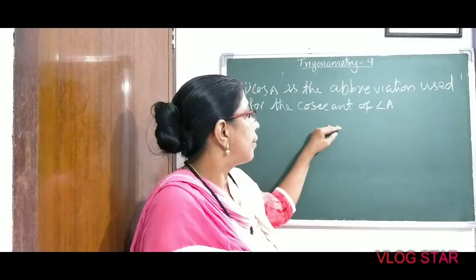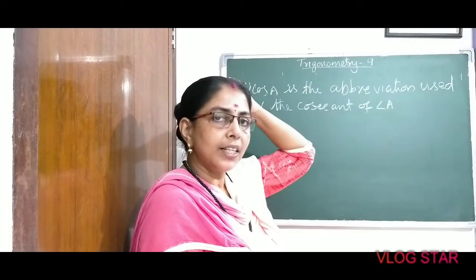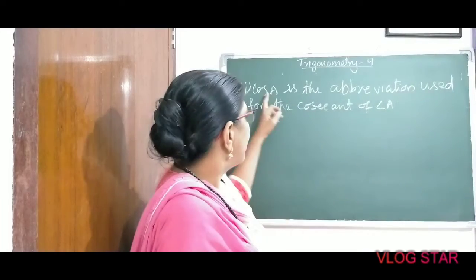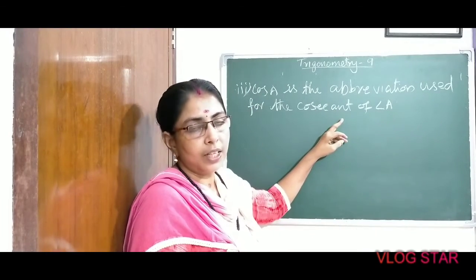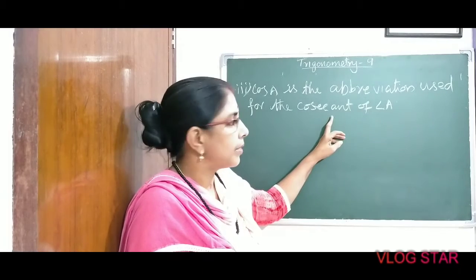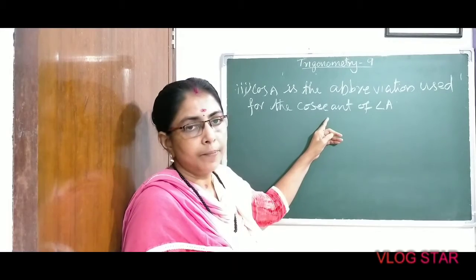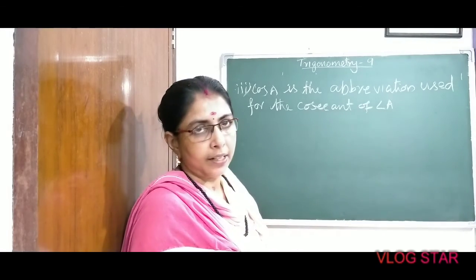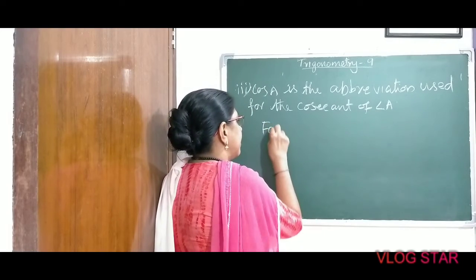Is cos A the short form of cosecant? From the statement we know that it is false, because cos A is not the short form of cosecant. We know that cos A is the short form of cosine of A. Therefore this is not the abbreviation of cosecant A, and this statement is false.